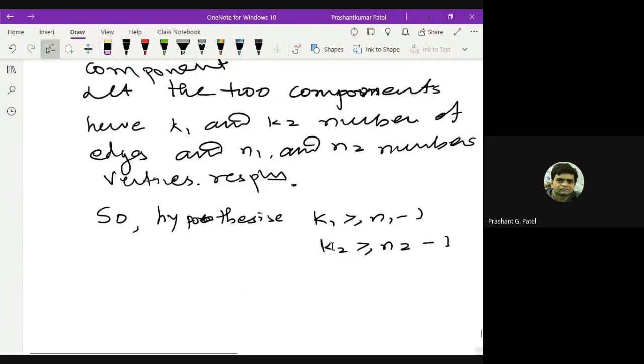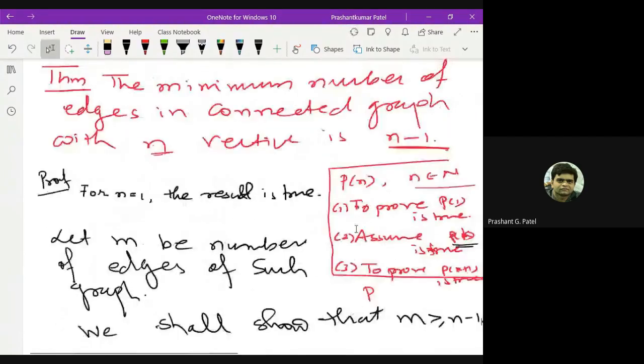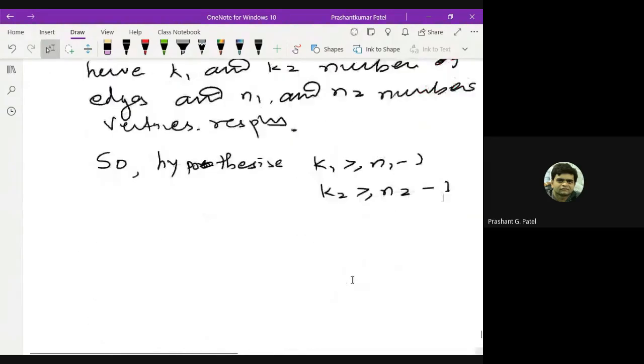This is true using the PMI, as we have told you that the result is true for k and less than that. So we are using that condition here. If I add these two, that will give you k1 plus k2 is greater than or equal to n1 minus 1 plus n2 minus 1. So this will give you n1 plus n2.